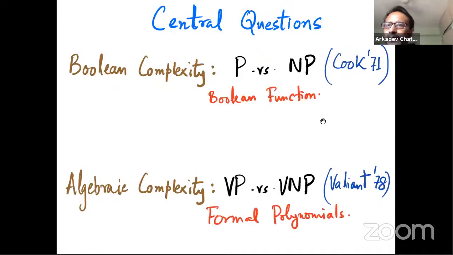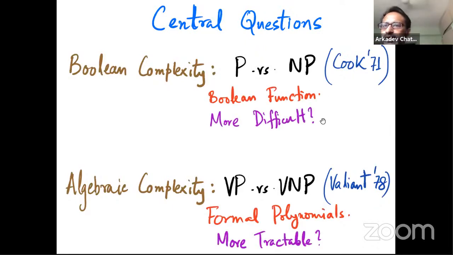As I said, this was Boolean functions, and this is formal polynomials. These are two very important questions. The algebraic complexity question is independently interesting in its own right. It's a very natural question, but there's another hope, which is that after all, polynomials are much more structured objects, and have been studied since ages.